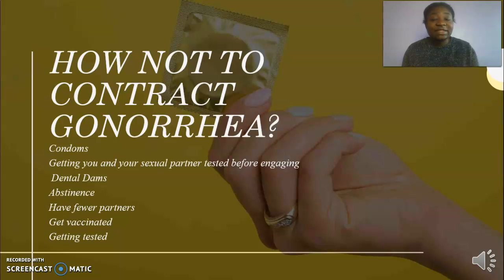This is the best way, or the only way, to keep yourself from contracting an STD or STI. Also, having fewer partners, lowering your partners to one, not more than one. Getting vaccinated is a really good one, and getting tested regularly, so if you do contract this disease, you can get it treated as soon as possible.